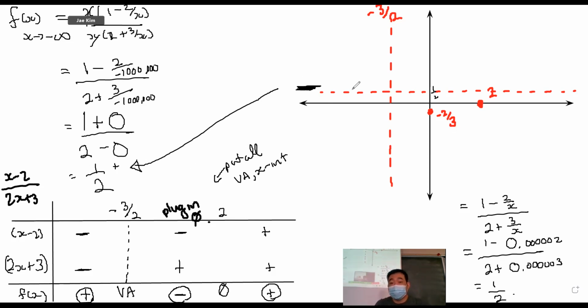From here, I can't cross this horizontal asymptote. And as I approach this vertical asymptote, I must stay positive. Even if you think it might cross the horizontal asymptote, you know that it can't go in this direction because I don't have an x-intercept here. So it can't be that direction. It has to be like this.